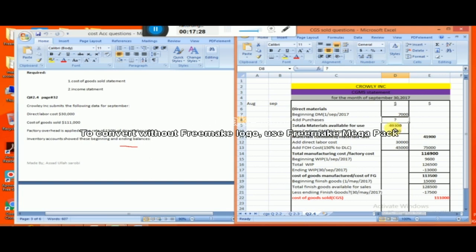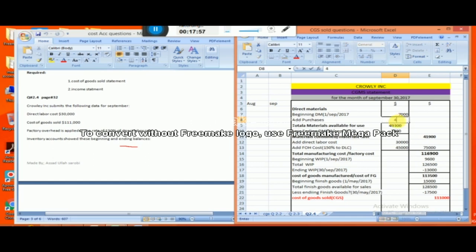How? Look at the summation, the sum of beginning material and purchases is equal to 49,300. Now we know the beginning material is 7,000. So how much will our purchases be? From the total, we will subtract 7,000. The difference is our purchases.